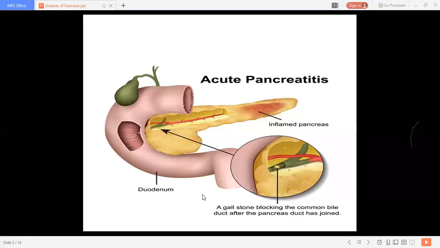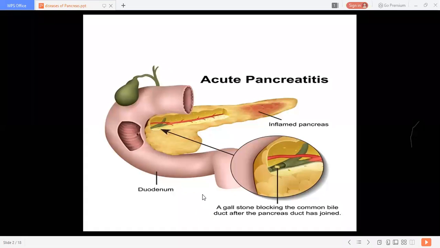Polymorphonuclear leukocytosis or lymphocytosis? When the disease becomes chronic, there will be lymphocytosis. So polymorphonuclear leukocytosis is there. The number of WBCs is severely increased.